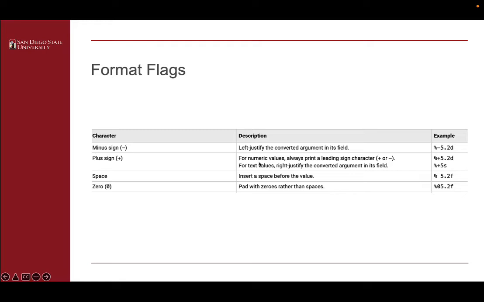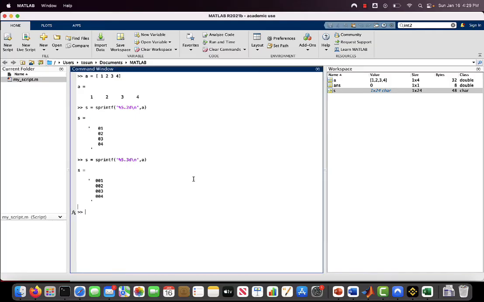They are used for aligning, for justifying. Right now, I didn't use any flag in here. You can see that after %, I don't have a plus, or a minus, or a 0.